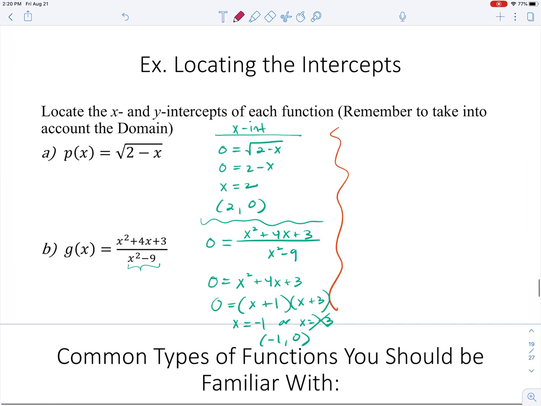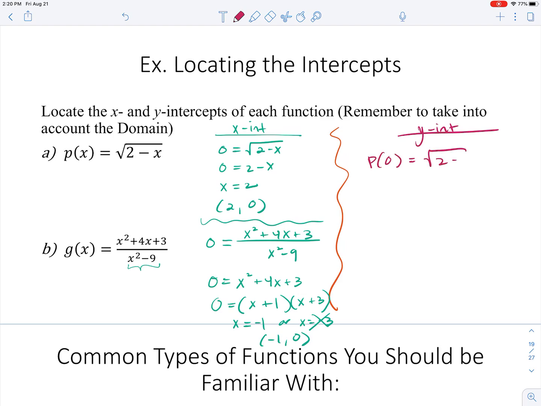And then finding the y-intercepts is pretty straightforward. We'll just plug 0 in for x. So to find our y-intercept, it's not a function if there's multiple y-intercepts. P of 0 would be the square root of 2. So 0 comma the square root of 2 would be our y-intercept for the function p.